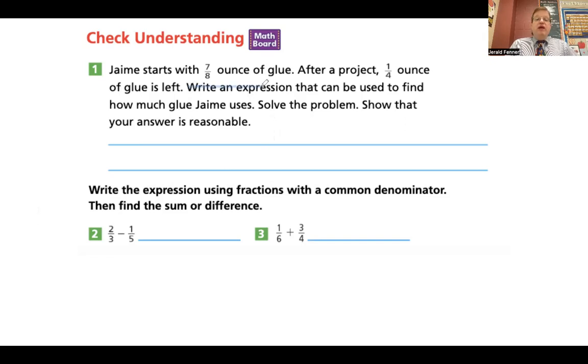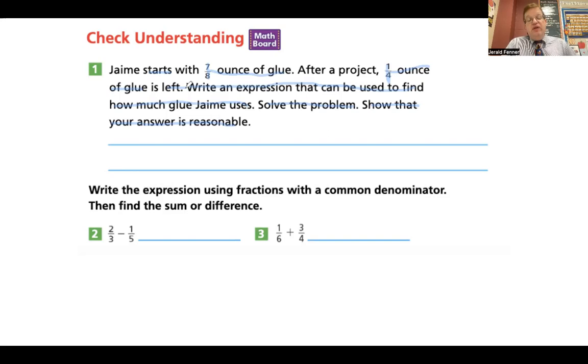They're wanting you to write an expression that can be used to find how much glue Jamie used, and then solve the problem, and then show that your answer is reasonable. And our information is 7/8 ounce of glue he starts with, and 1/4 ounce of glue is left.